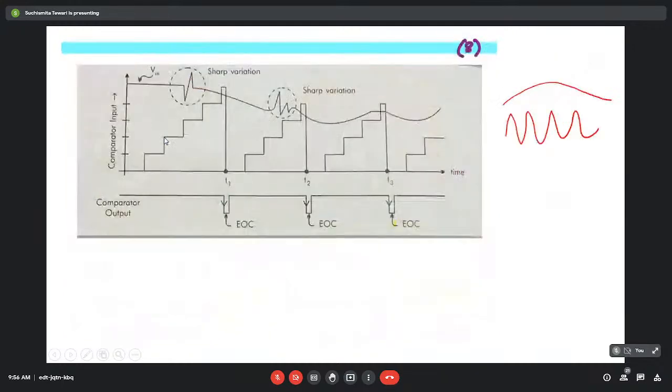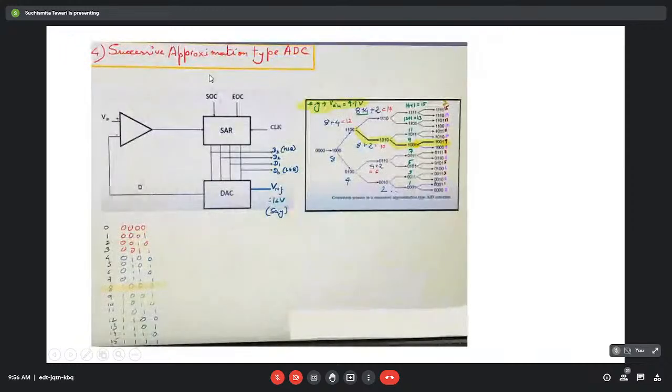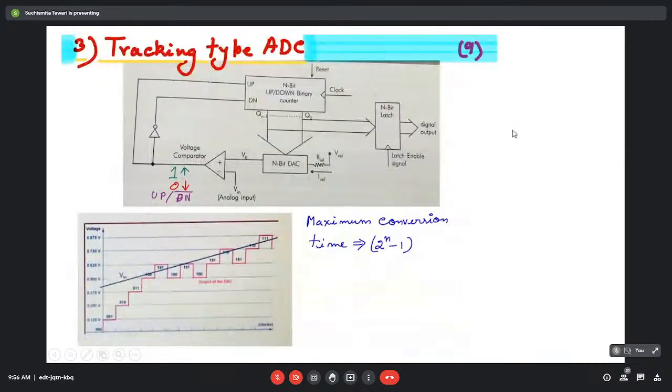But here it will actually be fed to a controlling block or to a switch. The output of the comparator will go to a switch or control block.